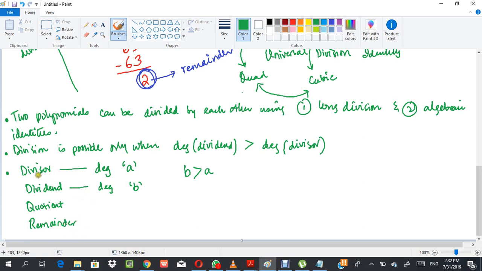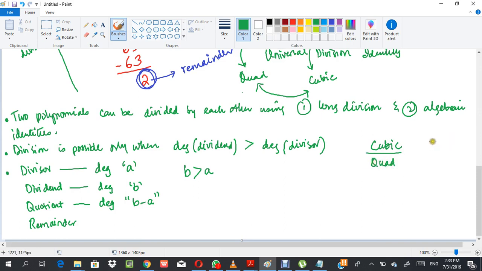So if I have a divisor of degree A and a dividend of degree B, then the quotient will be a polynomial of degree B minus A. This is something very important. What do I mean when I say this? Let's get back to our example where we were dividing a cubic polynomial by a quadratic polynomial.